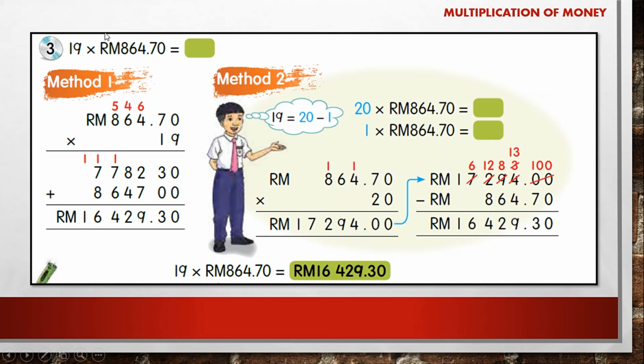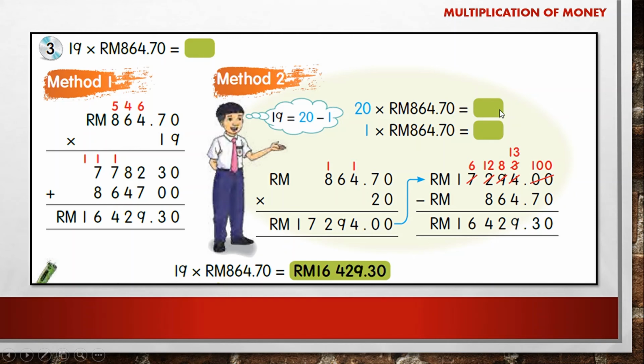This is the number sentence. Remember this number sentence. Method 1, you may use the multiplication method like this, and method 2 you may use like this. How to get 19? 19 is 20 subtract 1. So you may use this method: 20 multiplied by 864.70.